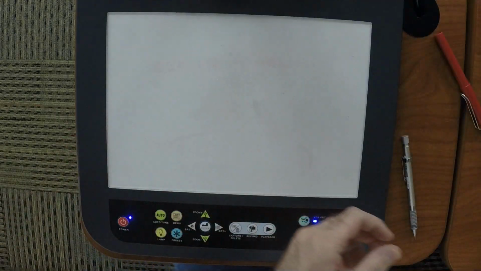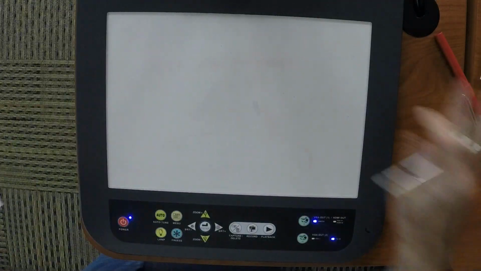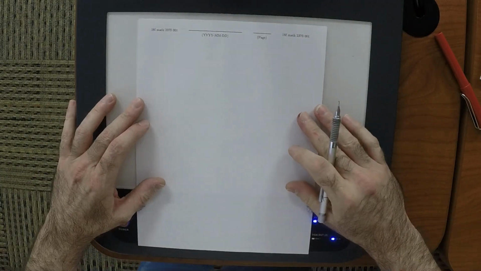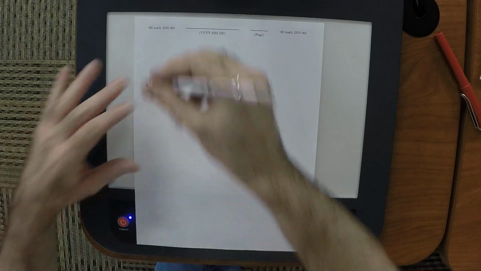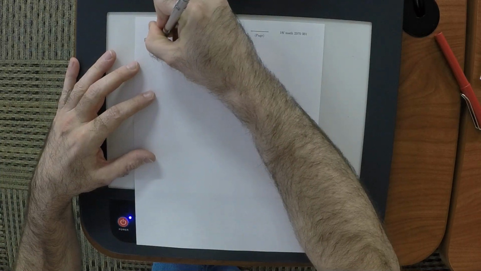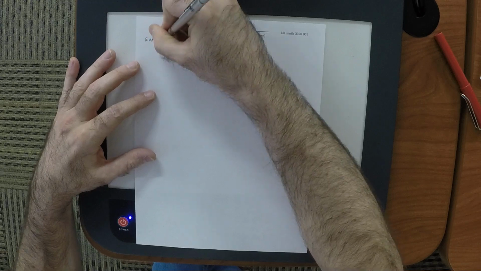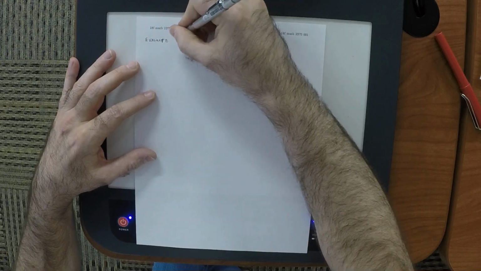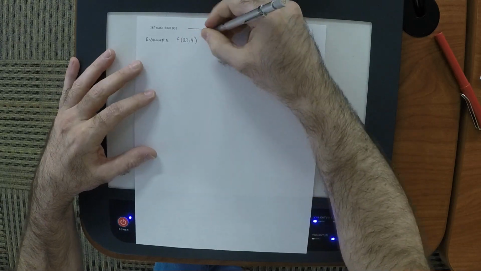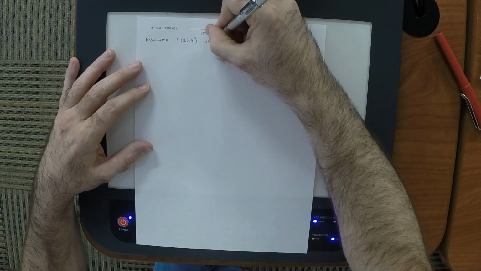Here's another way, and this second way is going to be more useful than the dots way. So I'll evaluate f of 23 and 4, and I'm going to do it using tables.